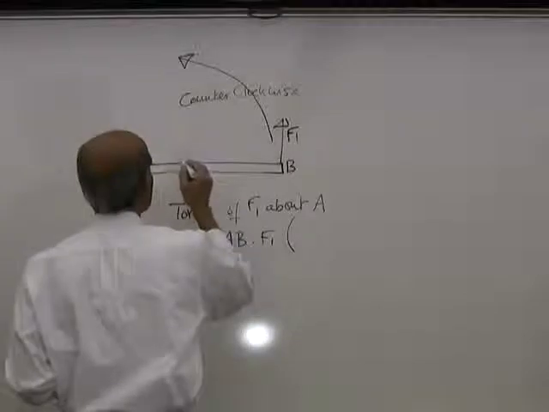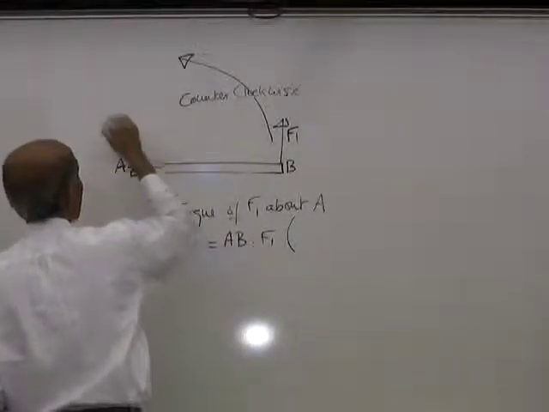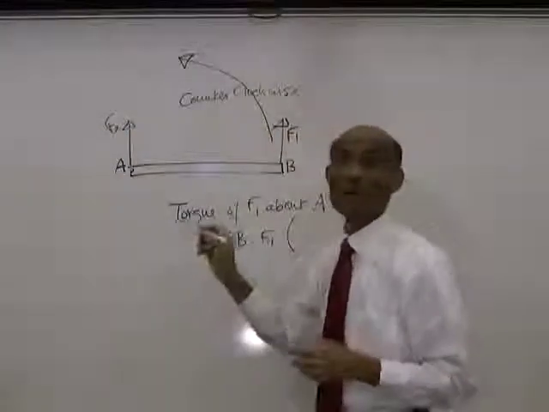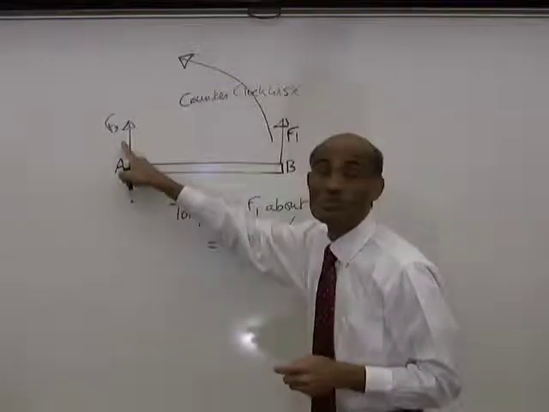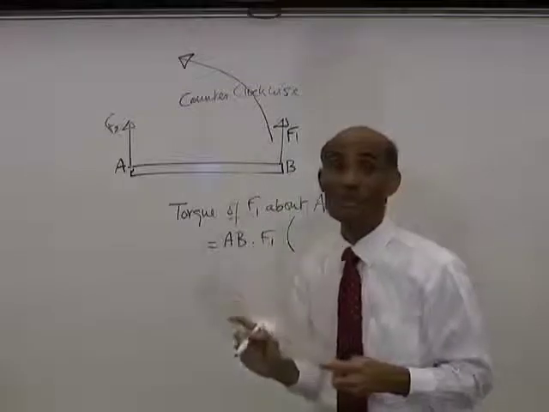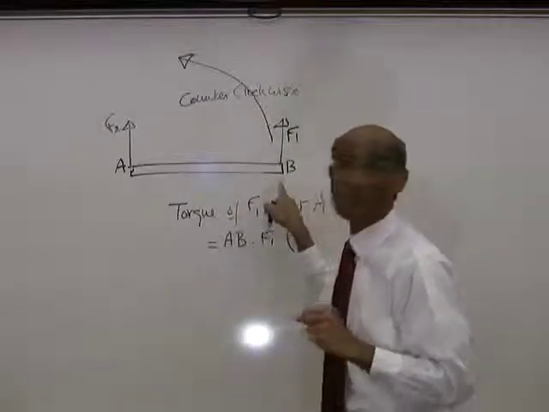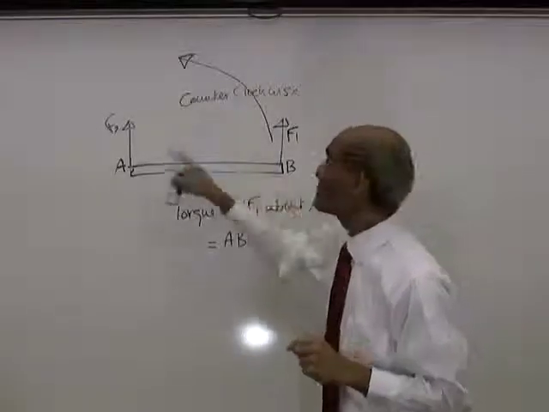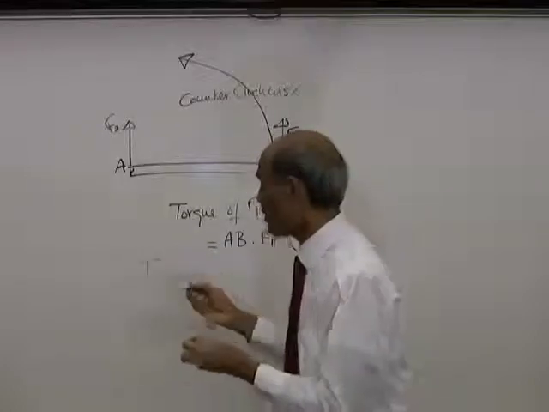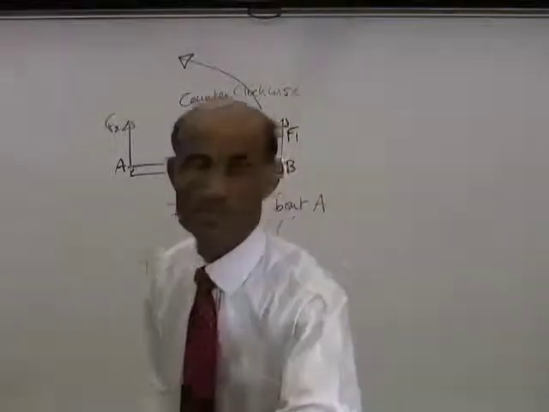Well, suppose I have a force F2 at the point A. Tell me, what is the torque F2 can produce about the point B? When I say about the point B, I mean about an axis that passes through B. Let me see if I can write it with this.